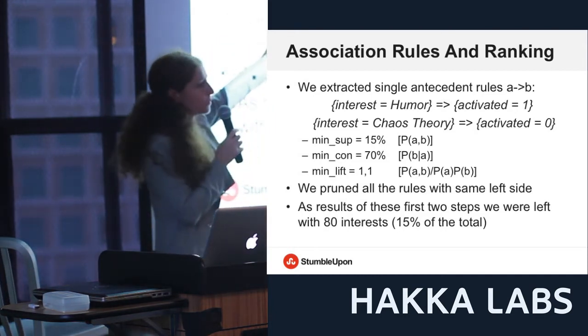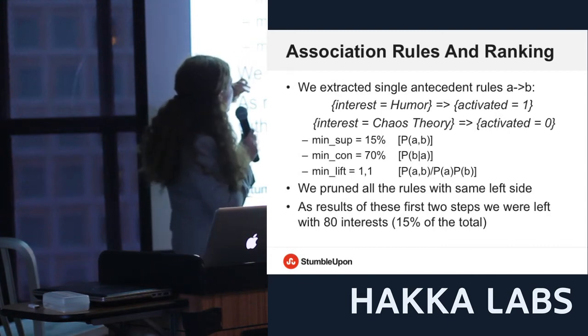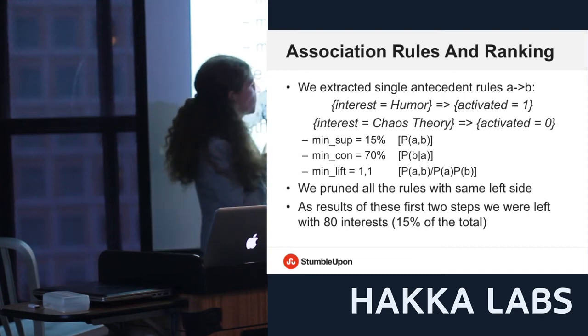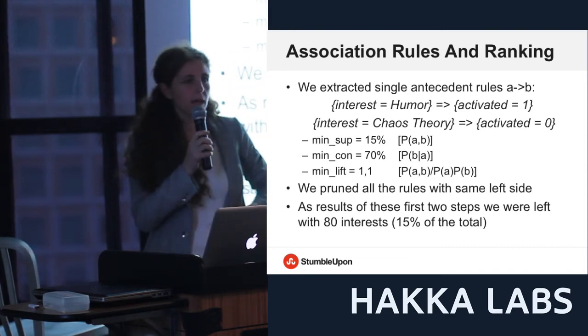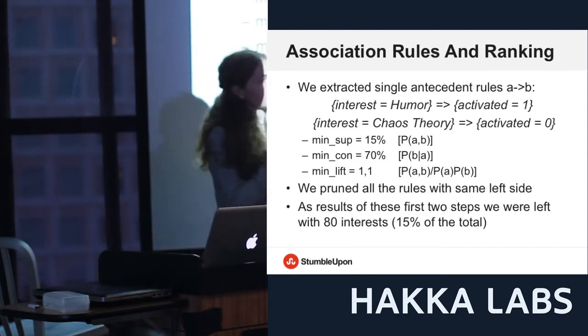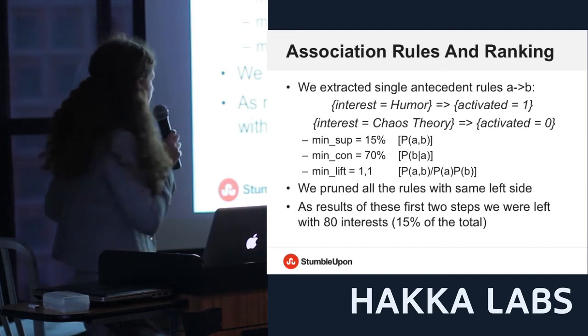We fixed the minimum support to 15%, the minimum confidence to 70%, and the minimum lift 1.1%. In this way, we always pruned all the rules with the same left side, not indicative, right?